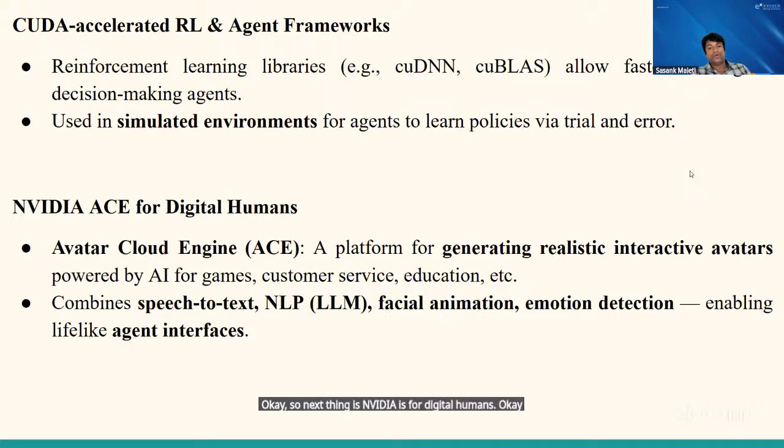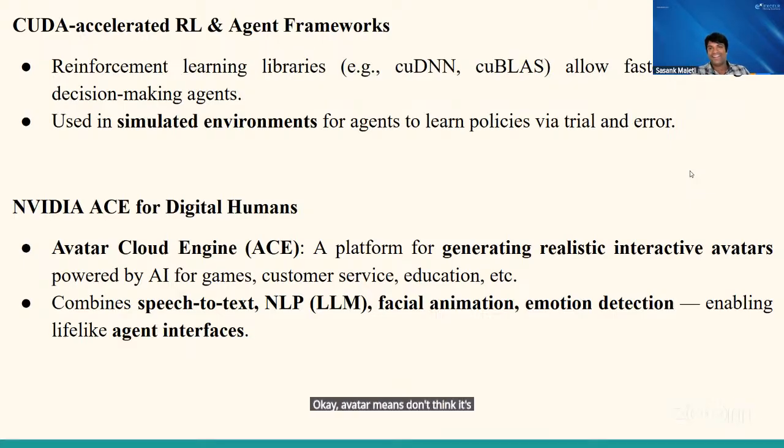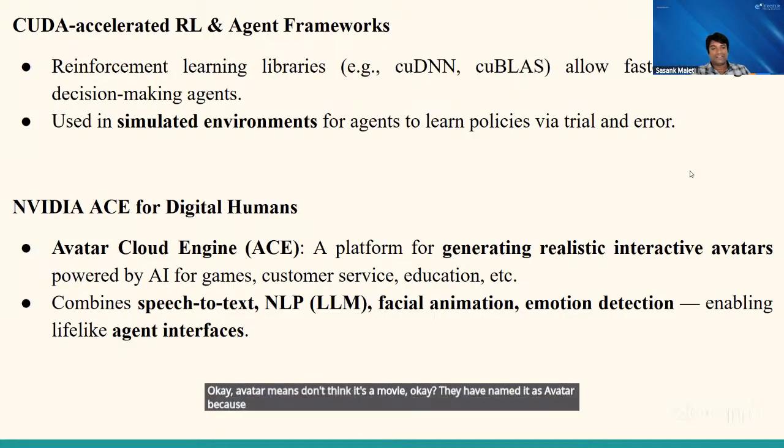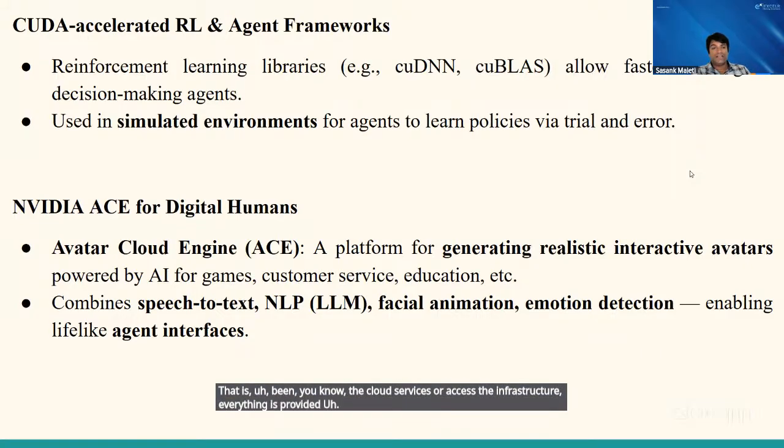Probably you would have heard of something called the Avatar Cloud Engine. Avatar, don't think it's the movie. They named it Avatar because it covers gaming, customer service, and education: whatever generative AI, cloud services, or infrastructure access, everything is provided by NVIDIA ACE.